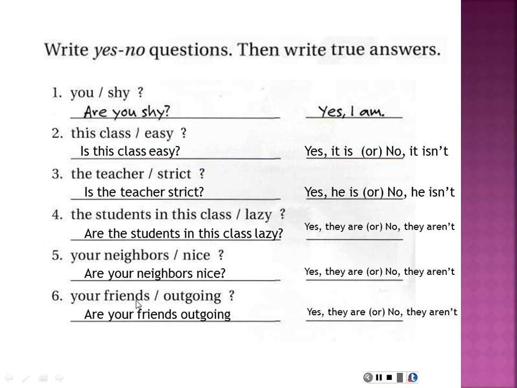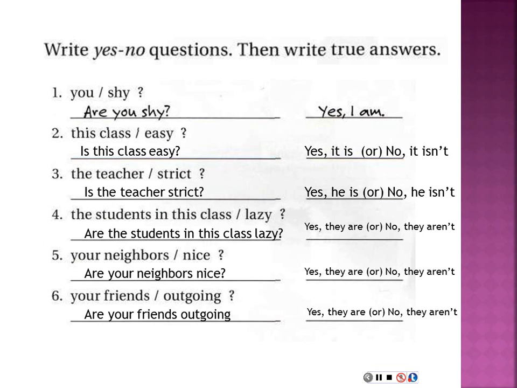They refers back to friends, your friends. Okay, I hope that making questions using verb to be is easy and clear with the short answers. Now all of these are called short answers because we say yes or no, yes I am, no I'm not, yes he is, no he isn't, and so on. So those are called short answers.